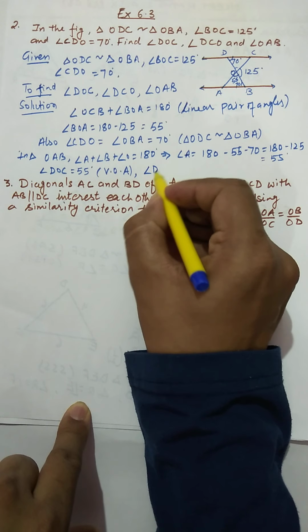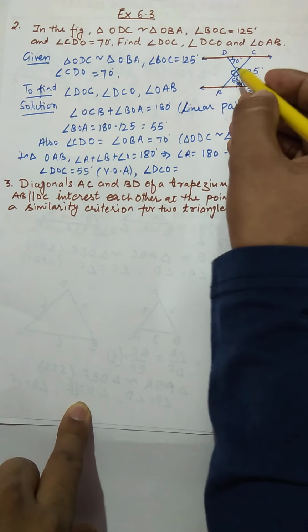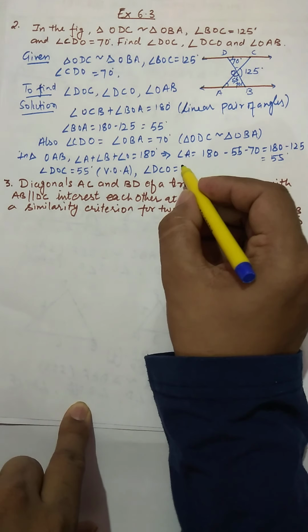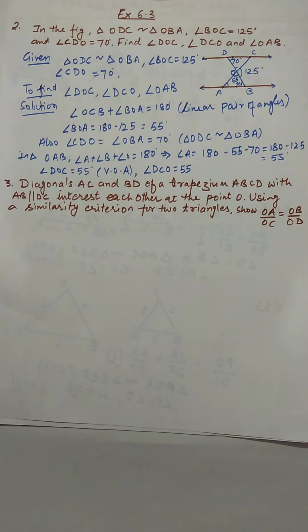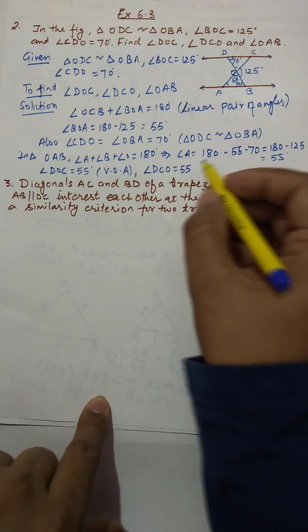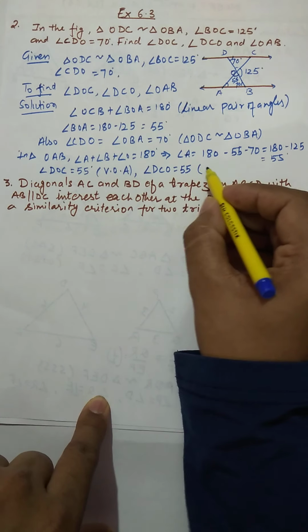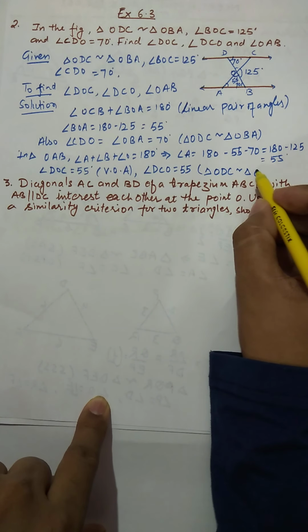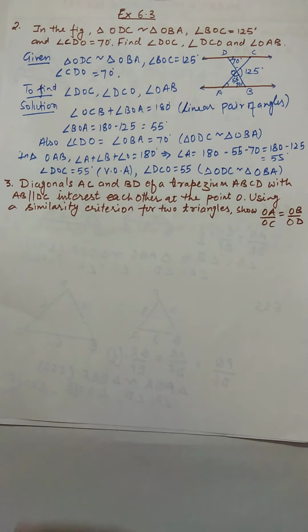So DCO is going to be equal to this, and this is 55, so this is also going to be 55, because this is given, triangles are similar. And the last angle is OAB. OAB we have already found, so this is 55 degree, and you can say this is because of triangle ODC similar to triangle OBA. So this way we have found all the angles.